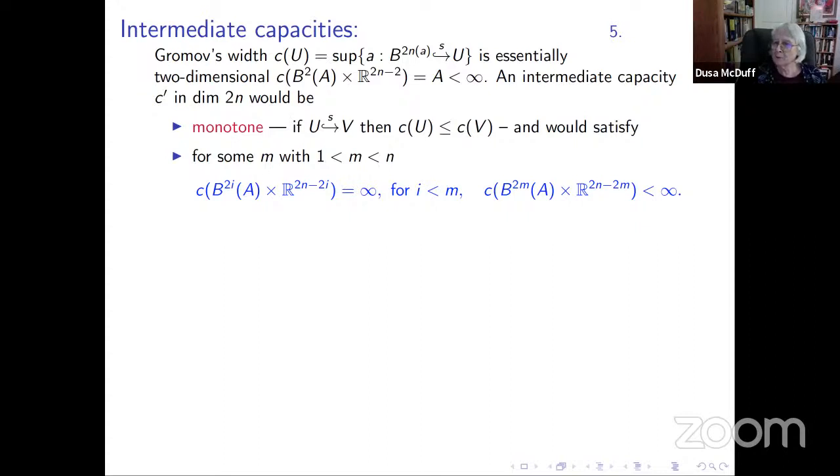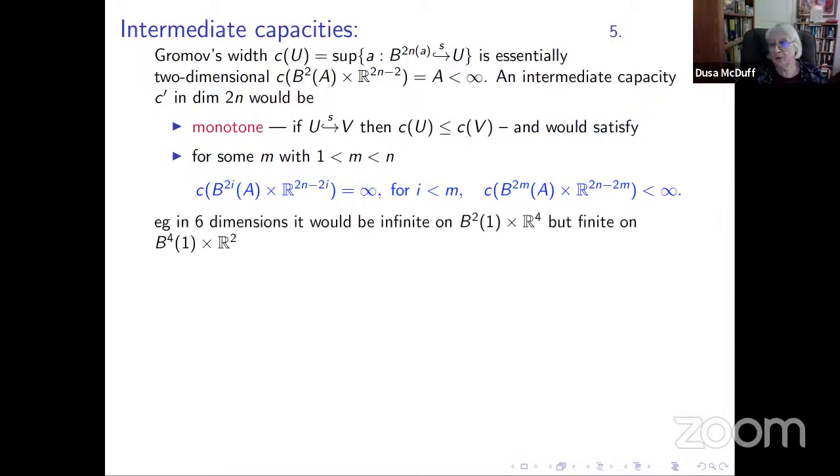On the other hand, it would be finite if you confined it in 2M dimensions. So this would say in dimension 4, there's a way of detecting things which are finite, where 4 dimensions are constrained, but you've got plenty of other ones that aren't. And so the question was, do these exist? And in 6 dimensions, this would be infinite on a 2-dimensional ball times R^4, but finite on a 4-dimensional ball times R^2.